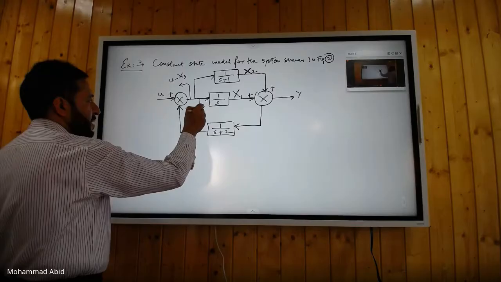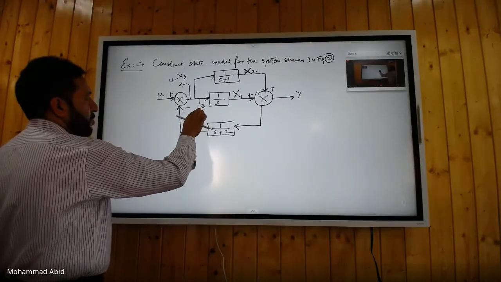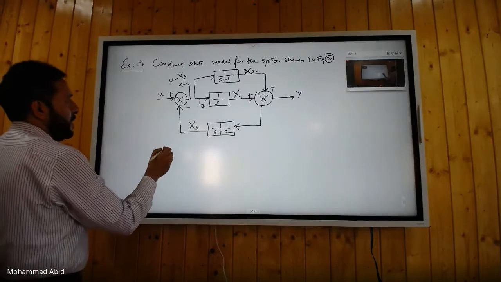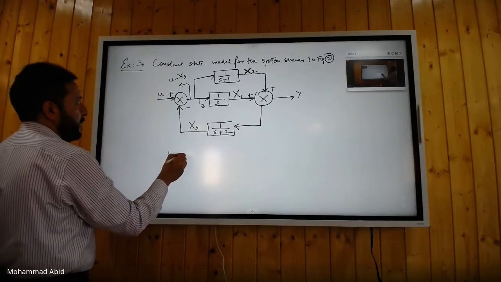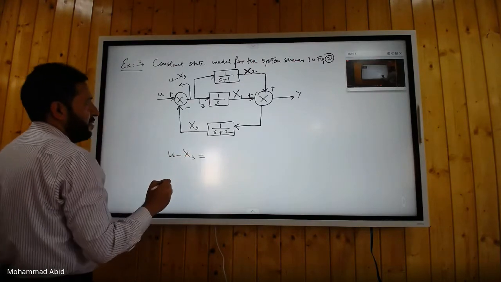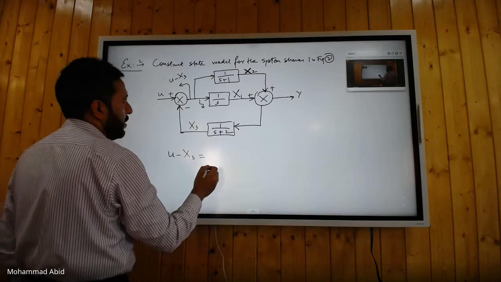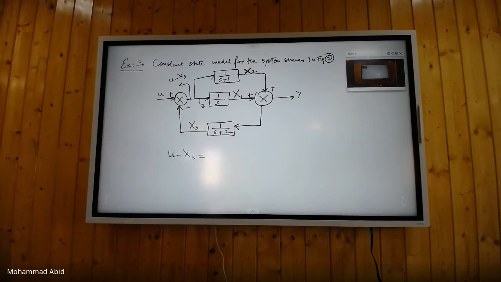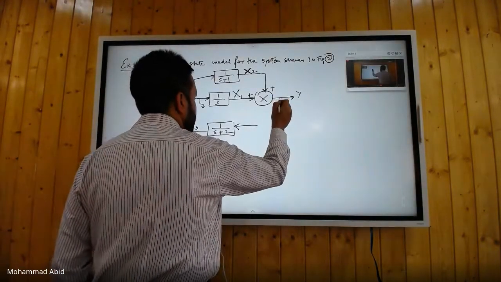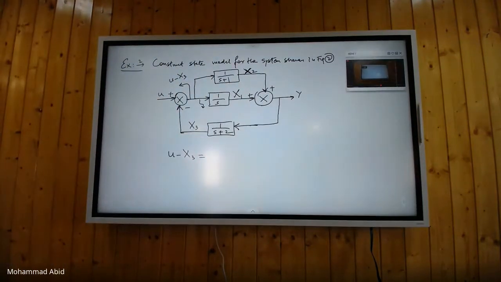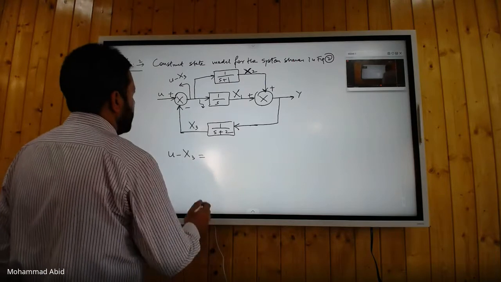Yes, sir. This should be x1 dot. So how will we write the equation? Write down u minus x3. There's a slight correction here. It's like this, I'm sorry. u minus x3 is simply equal to x1 dot.